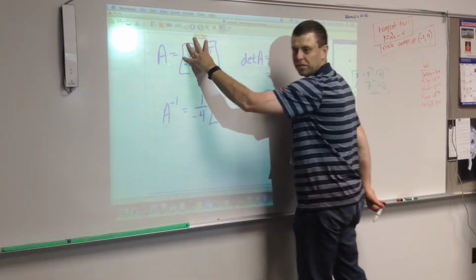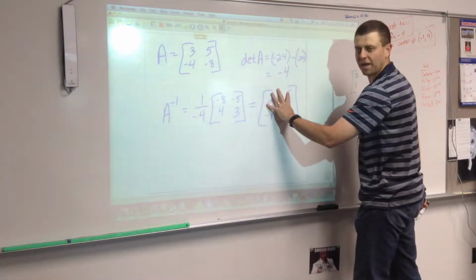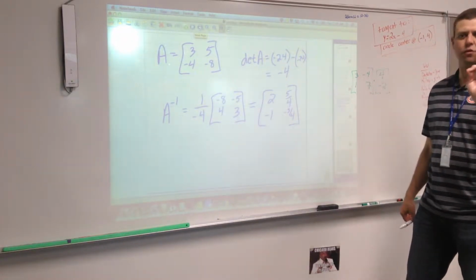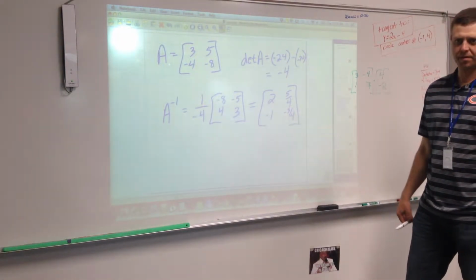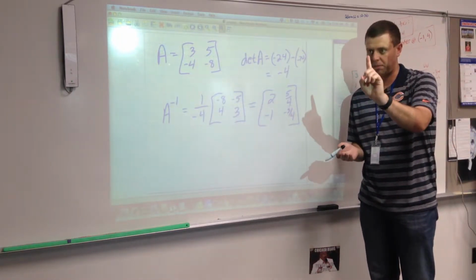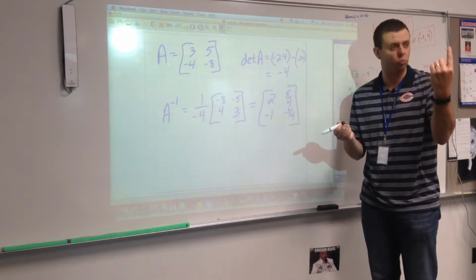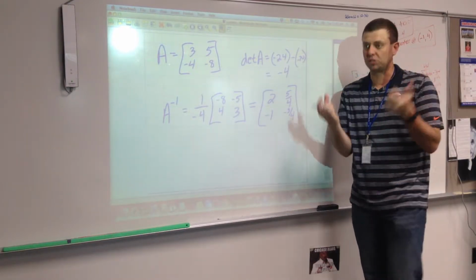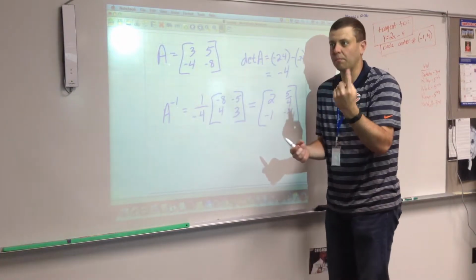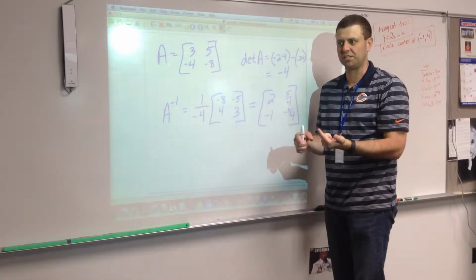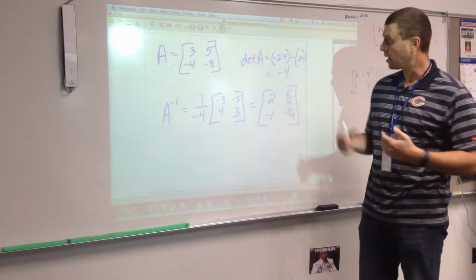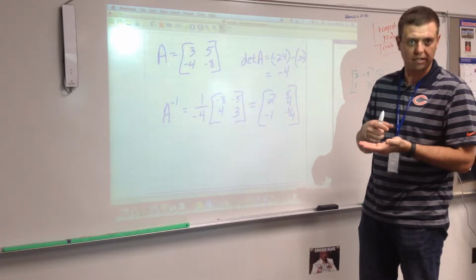I could take this matrix, multiply it by this one, and it will equal the identity matrix if you have done it correctly. Because anything times its inverse is 1, right? With numbers, 7 times 1/7 is 1. 2/3 times 3/2 is 1. A matrix times its inverse would be like the number 1, which I said is the identity matrix. So it would be a way to check to make sure that you did your inverse correctly.